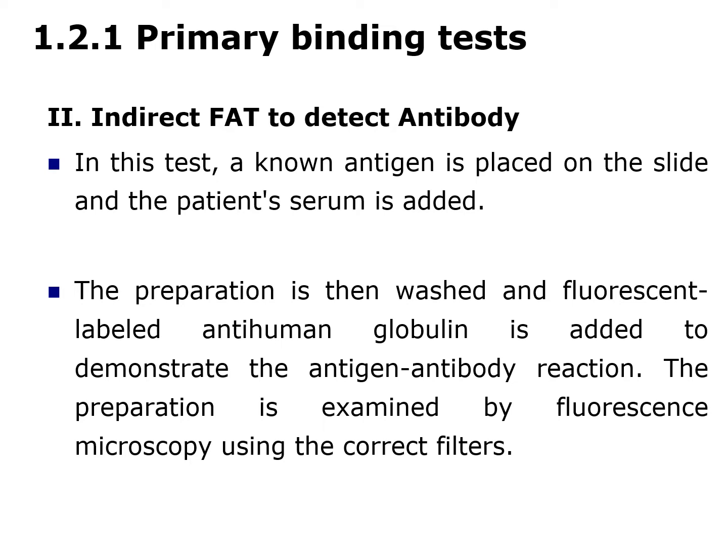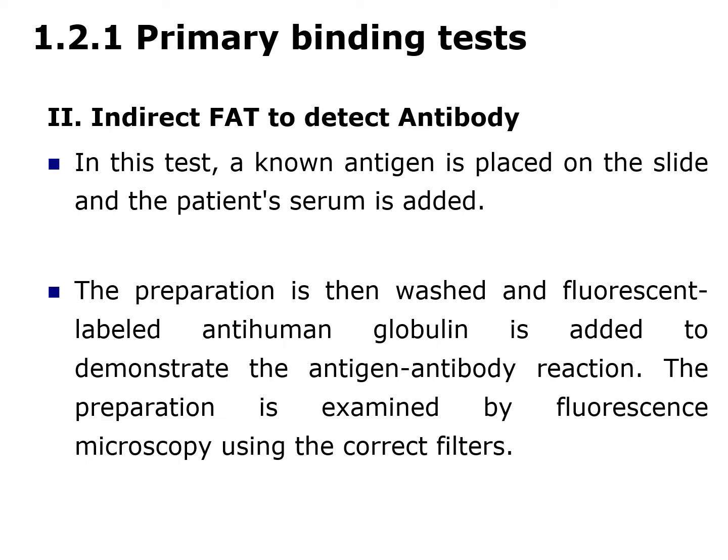Okay, the second procedure for indirect FAT is one which detects antibody. Right, so in this test, a known antigen is placed on a slide and the specimen is added, which contains the antibody. So we just reverse the procedure. In the first procedure, the antigen is contained in the sample.